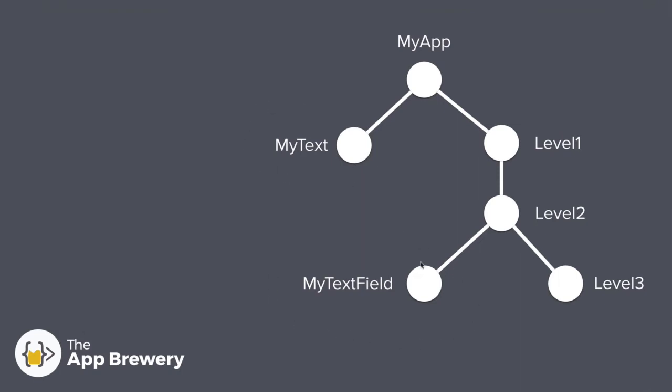And we also have a MyTextField widget down here. That's a child of level 2. So the idea is, how can we get an update that happens down here all the way over to MyText, which is higher up in the tree, and also in level 3 using the power of provider.